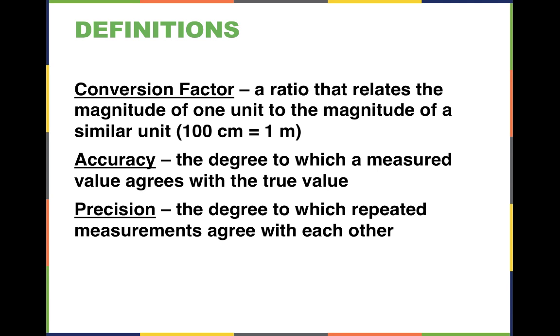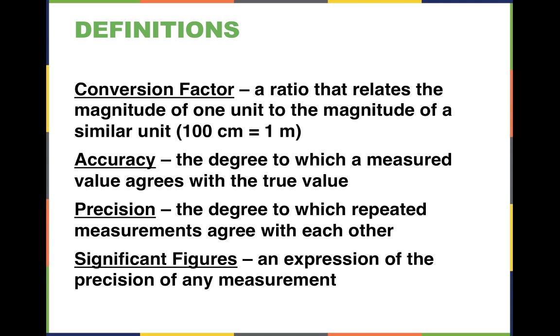So a measuring device can be extremely precise and inaccurate at the same time, or can be accurate but imprecise. And so it's important to understand the difference between these two, because when we talk about significant figures, we're talking about something that expresses precision, not accuracy.